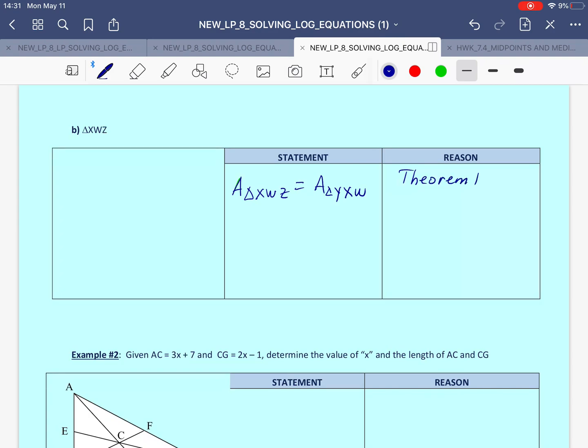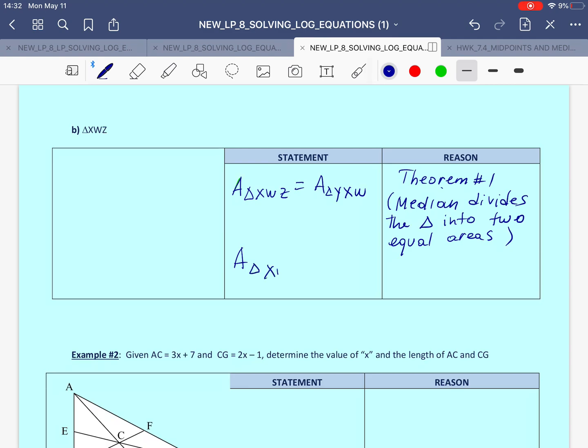Again, it's because theorem 1 states that median divides the triangle into two equal areas, right? So therefore, we're going to say that the area of triangle XWZ equals 9 centimeters squared as well.